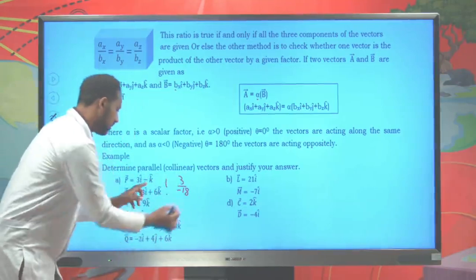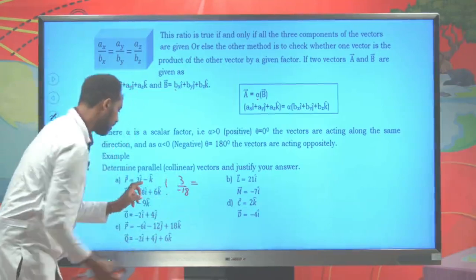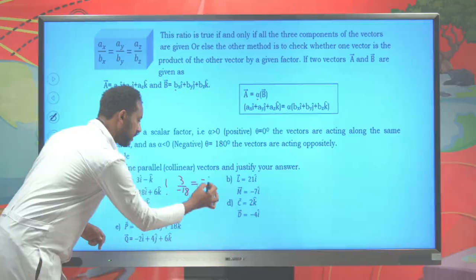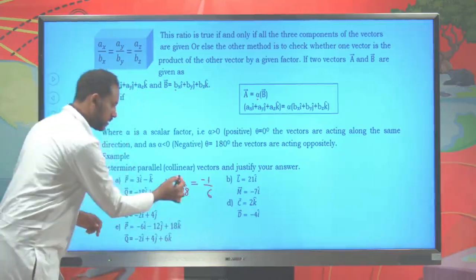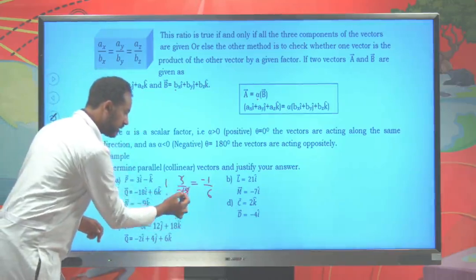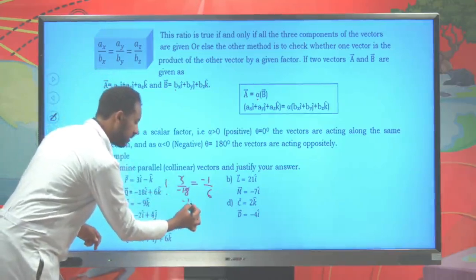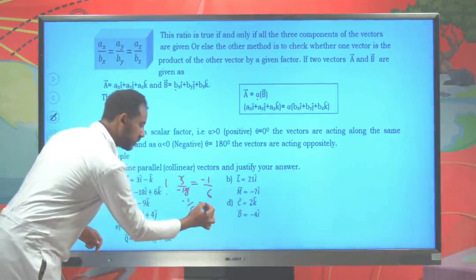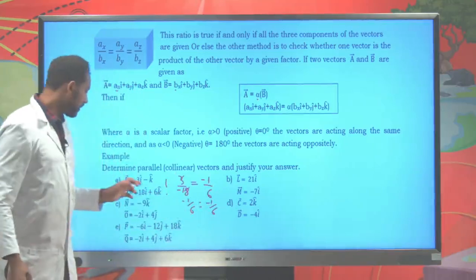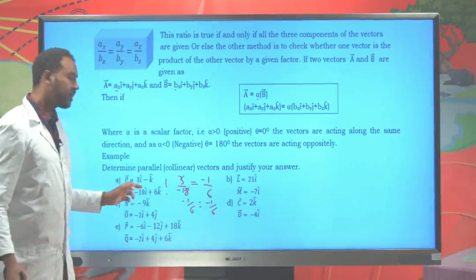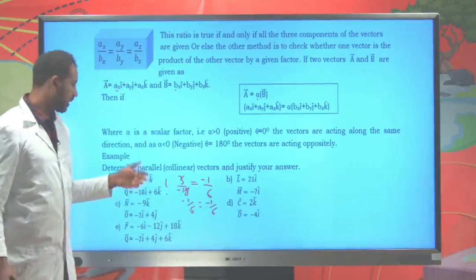You have to check whether these are equal or not. Negative 1 over 6, negative 1 over 6. When you simplify this, negative 1 over 6 is equal to negative 1 over 6. They are equal. If this is equal, it's possible to say that these two vectors are parallel vectors.